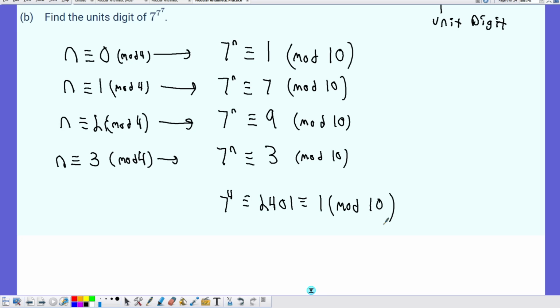Okay. So, how about 7 to the 5th power? That's 16,807, which is equivalent to 7 mod 10. So as you see, it goes 1, 7, 9, 3, 1, 7, 9, 3. So it seems like it's going to keep repeating itself, certainly.